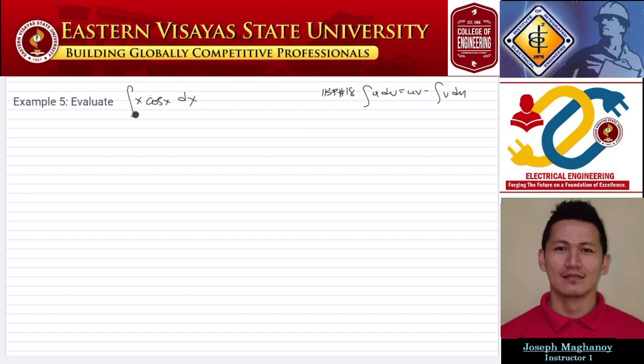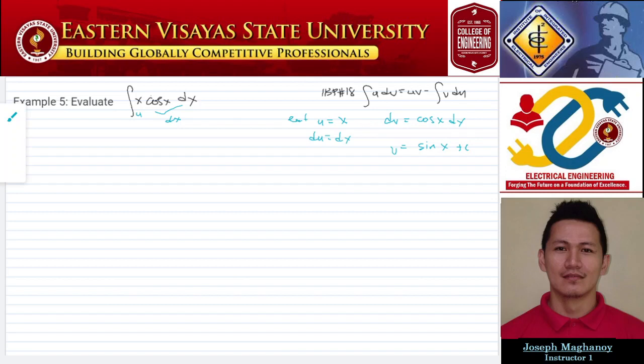So this is a combination of algebraic and trigonometric. We identify u as x, and dv as cosine x dx. So we let u equal to x. So what is your du? That is dx. How about your dv? That is cosine x dx. So your v is equal to sine x plus c.